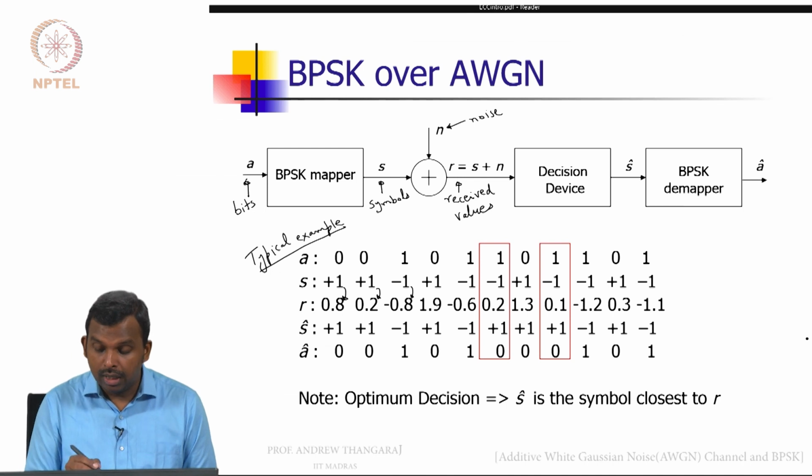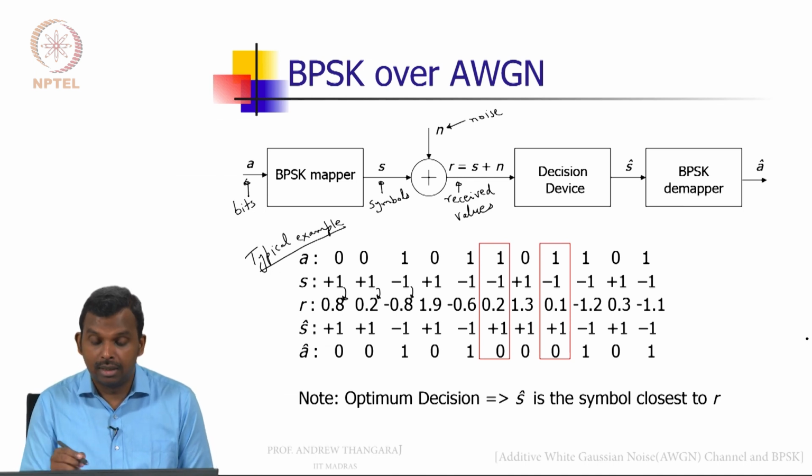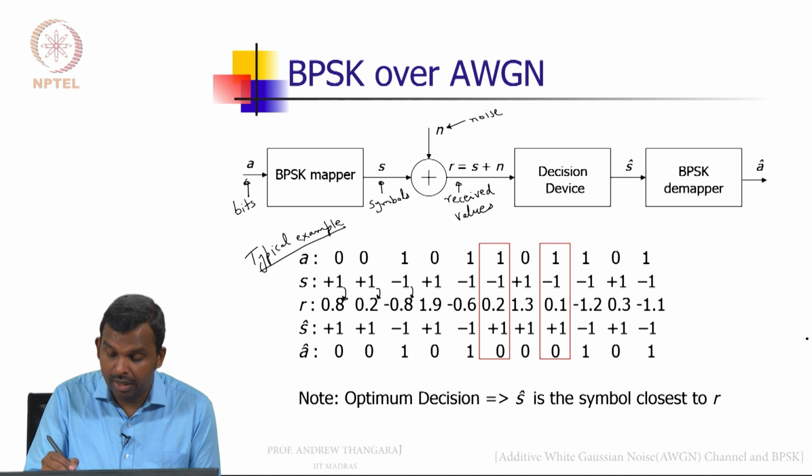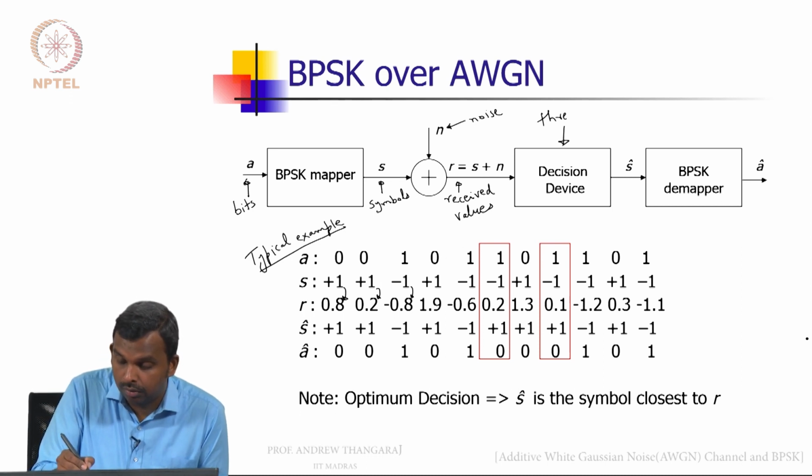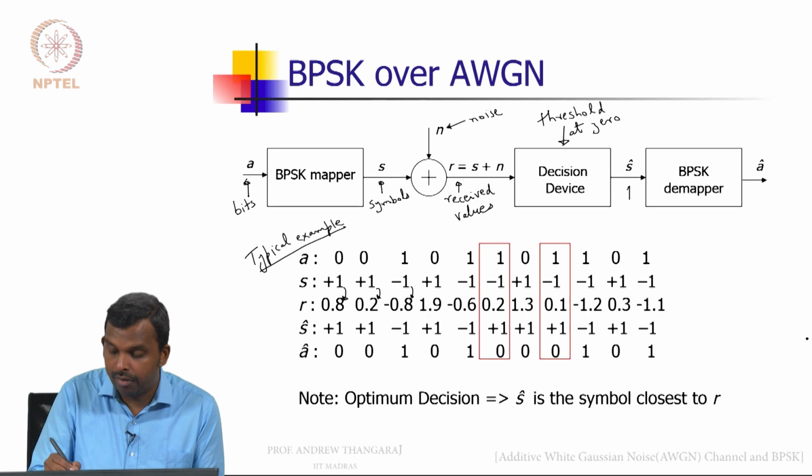So, here what I have done after the received values is a thresholding at 0. And here I have the estimated symbol, and this is the estimated bit.